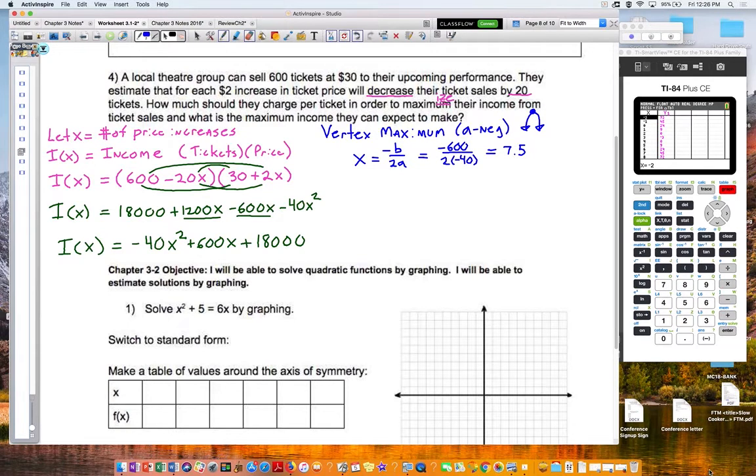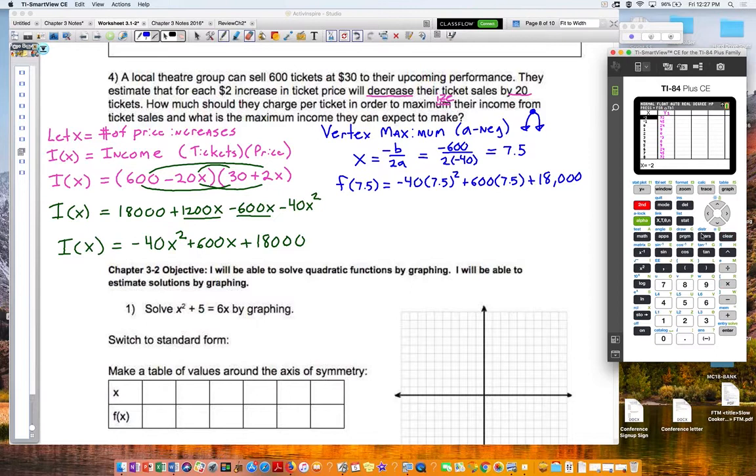So I want to then find f of 7.5 so I know what the actual profit, or I shouldn't say profit, income will be. So if I go negative 40 times 7.5 squared plus 600 times 7.5 plus 18,000, I can plug that into my calculator.